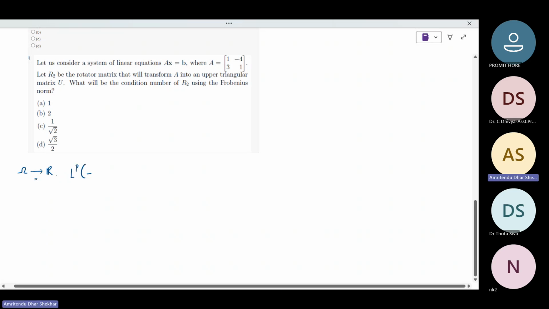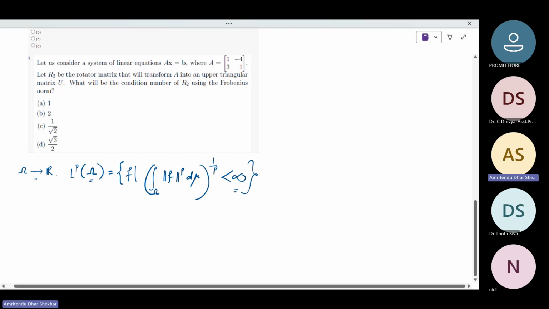LP is basically the set of all functions such that if you integrate f to the power p over this measure space, this quantity is finite.